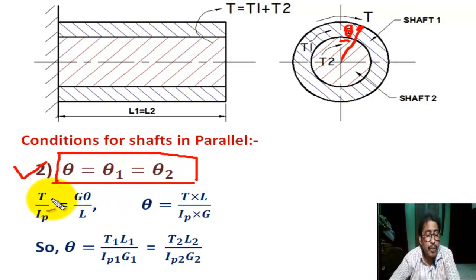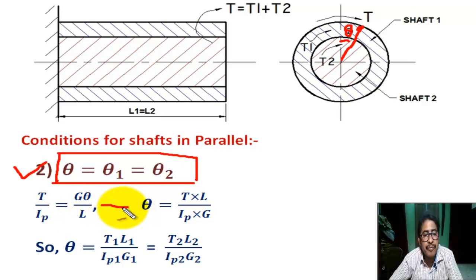Now, from the torsion equation, considering rigidity, T by IP equal to G theta by L, where T is the torque transmitted by shaft, IP the polar moment of inertia, G the modulus of rigidity for shaft material, theta the angle of twist, L the length of the shaft.